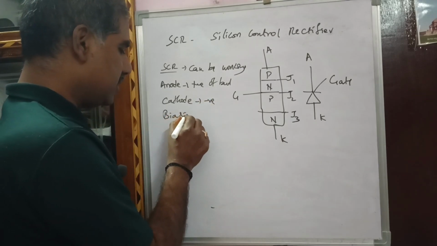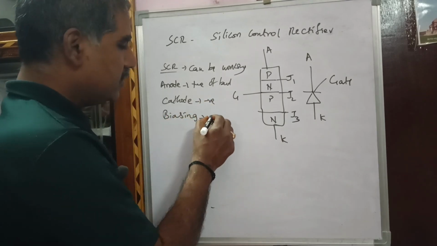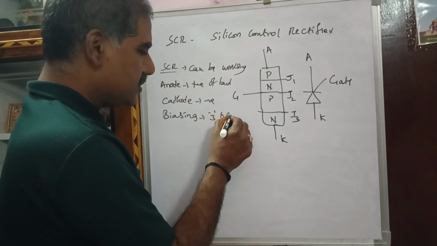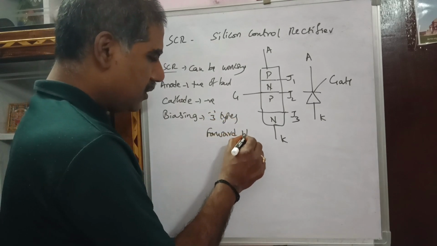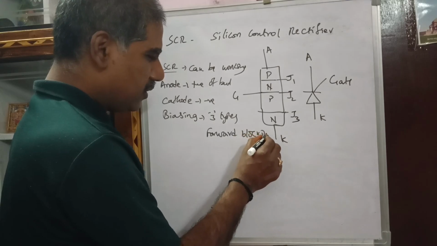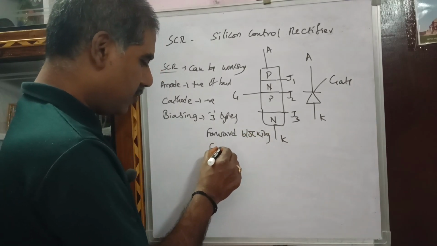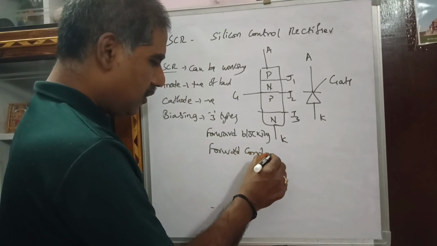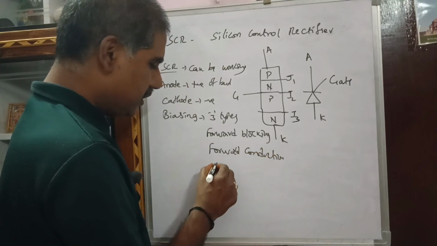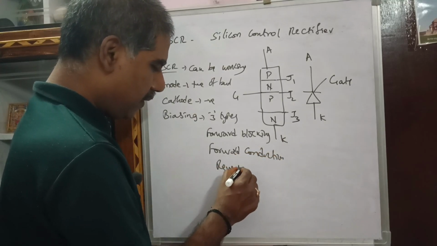The biasing depends upon three types: forward blocking, forward conduction, and reverse blocking.